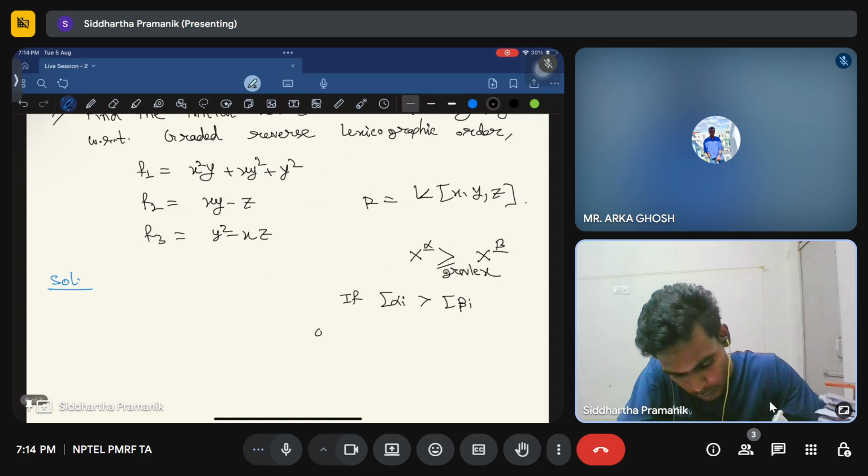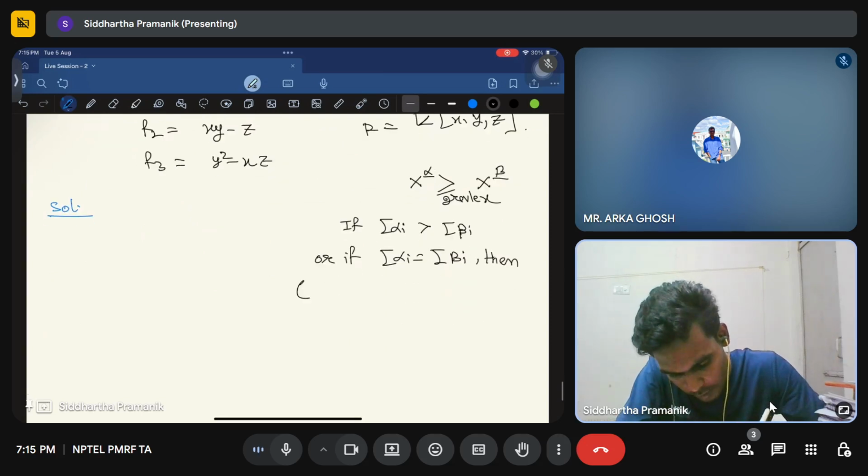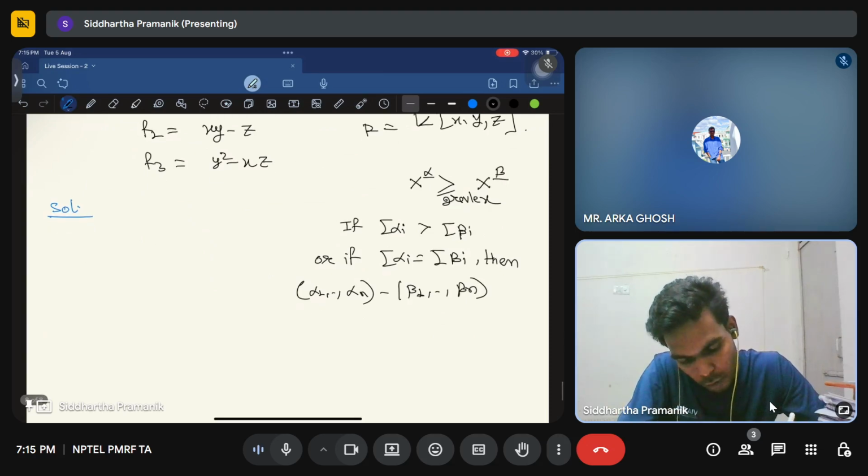Or if the total degree is equal, then we check the difference vector alpha minus beta, and we look at the rightmost non-zero entry.